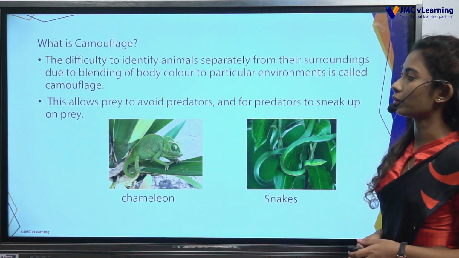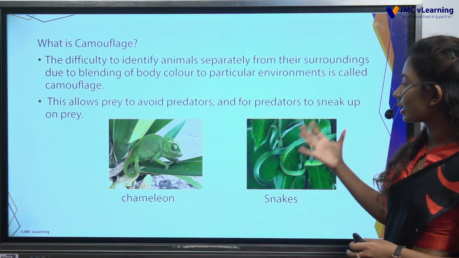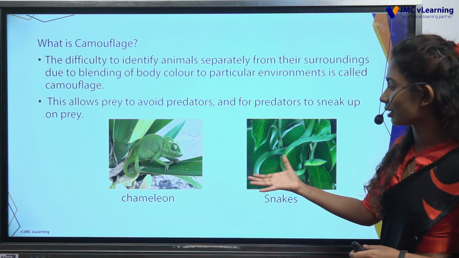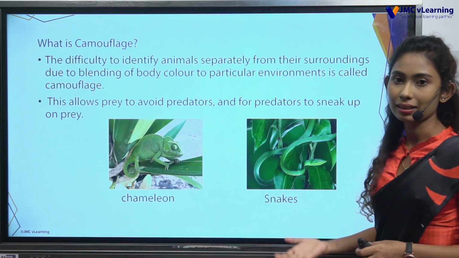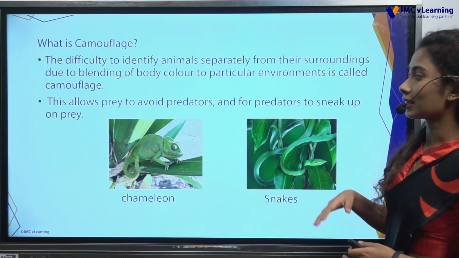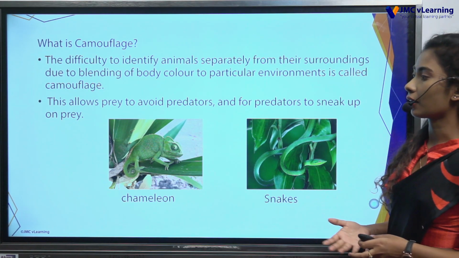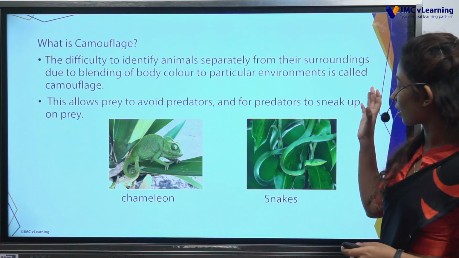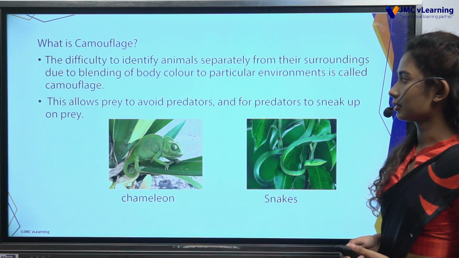Look at these pictures here, it's really difficult to find the animals in the environment. That is called camouflage. This allows prey to avoid predators and predators to sneak up on prey. That is how camouflage helps these animals.